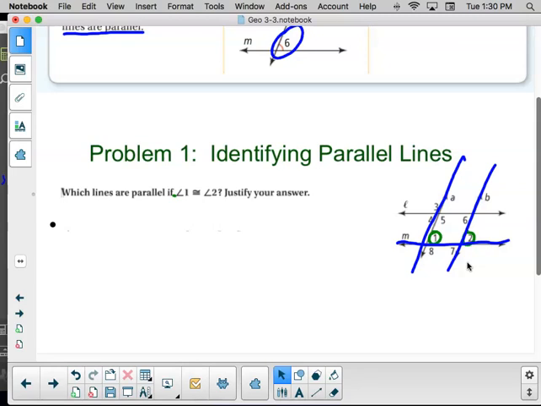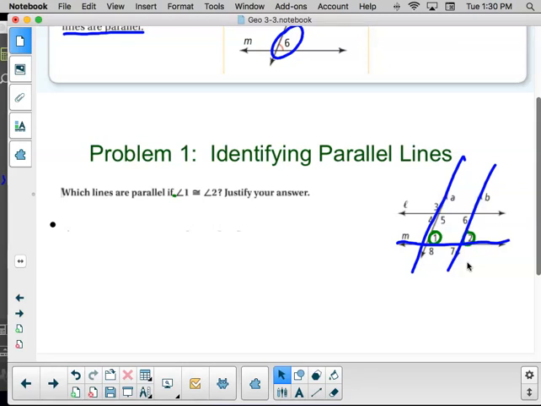What's the name of angle 1 and angle 2? Which one of the four? They're corresponding angles. Fantastic.